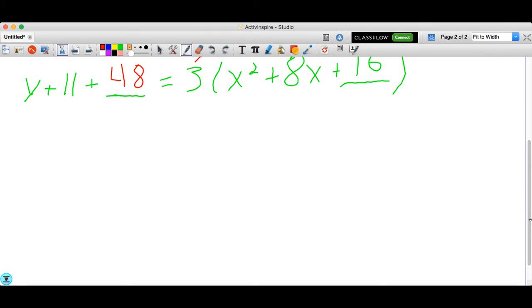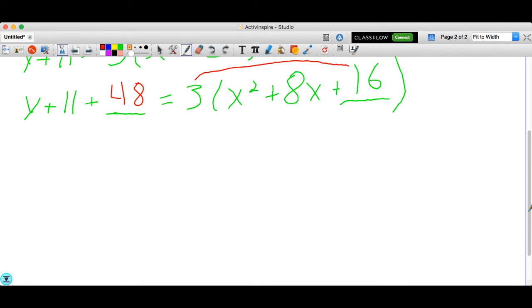On the left-hand side, just like we have been, we're going to combine like terms here. We're going to have y plus 59 equals 3 still out front, but we can factor this trinomial inside. We'd be looking for factors of 16x squared. We kind of looked at this already, except for this one's going to be positive, that can combine to be 8x.